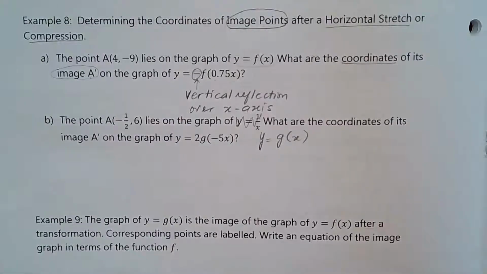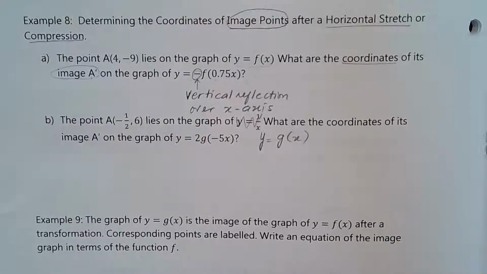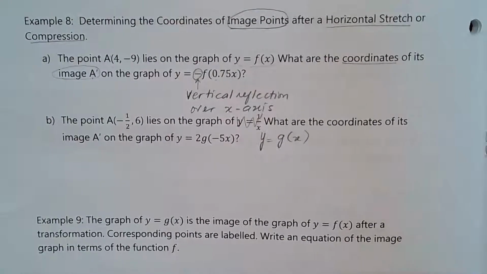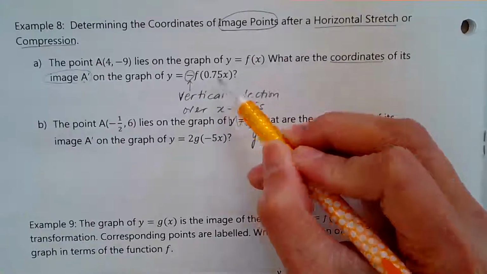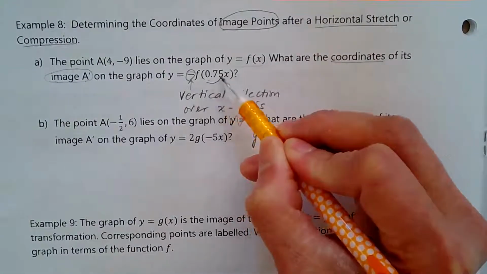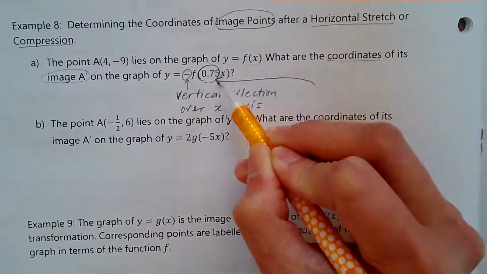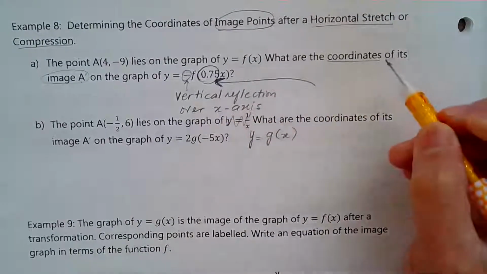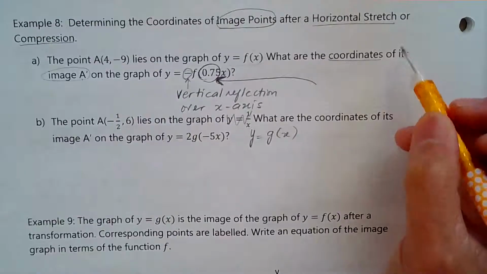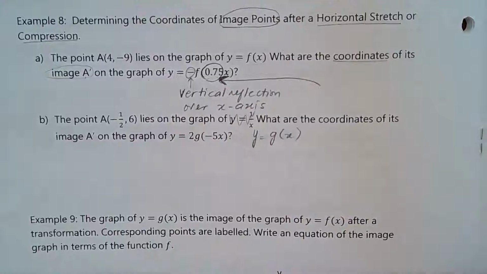Sometimes different texts call it about the x-axis or over the x-axis or in the x-axis. So now what else? What does this mean? Is that affecting the x or the y?